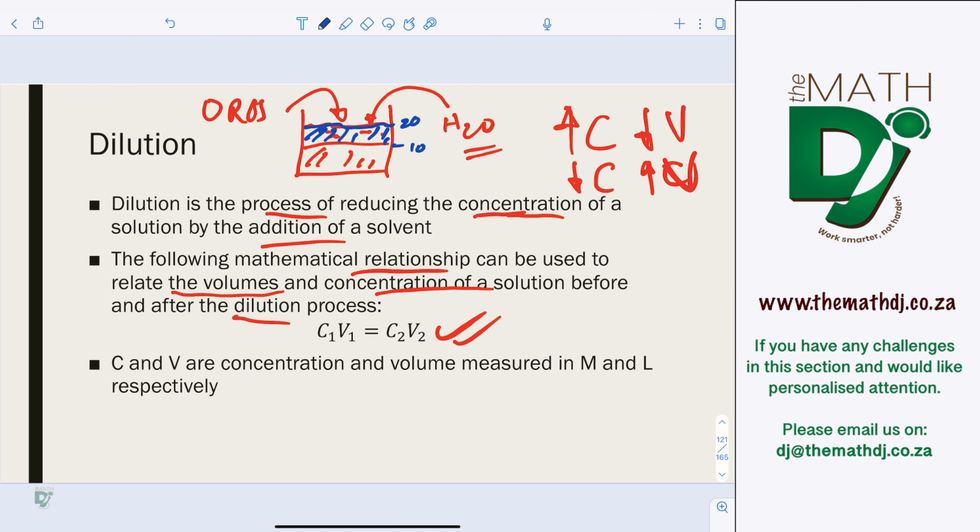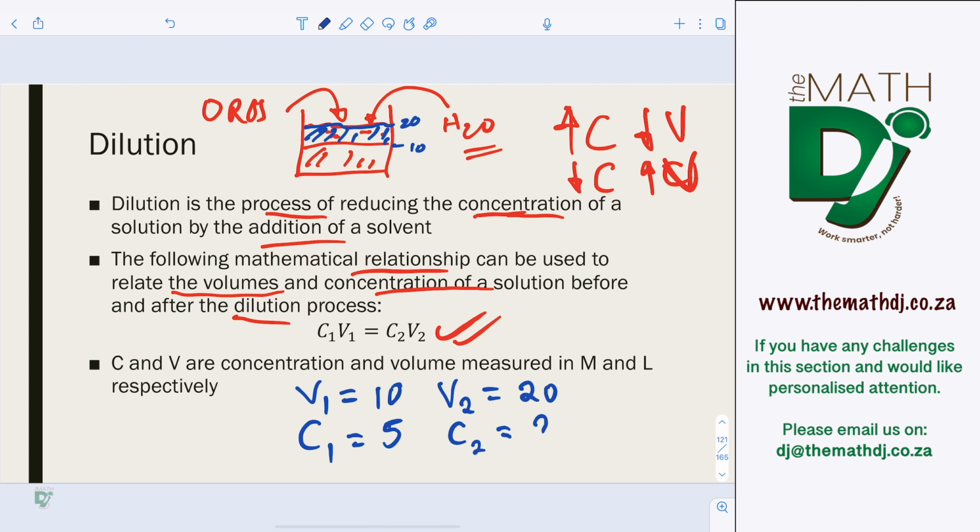So V1 was 10, then V2, when you add the water, the volume became 20. We can say the concentration at the beginning was 5. But now we do not know the concentration after you have diluted.